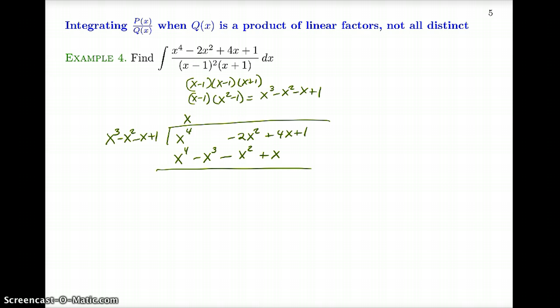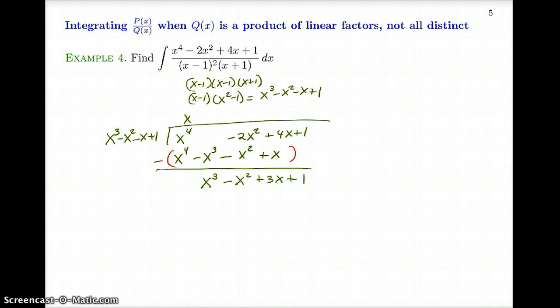And then I would subtract, right? And the x to the fourths cancel. I get minus x cubed minus x cubed, so x cubed, minus 2x squared plus x squared, so minus x squared. 4x minus x is 3x, and then the 1 comes down as well.